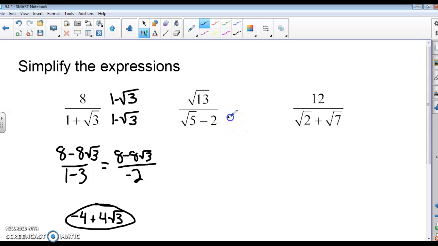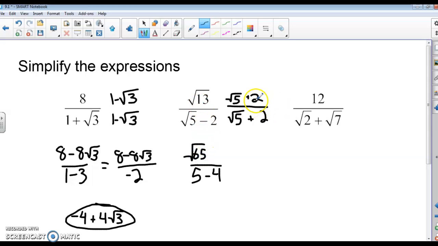For the second example, we're going to multiply both the top and the bottom by the square root of 5 plus 2. All right, and so on the bottom, it's going to become a squared minus b squared, so the square root of 5 squared is 5. 2 squared is 4, so 5 minus 4 on the bottom. The top, the square root of 13 times the square root of 5 would be the square root of 65.